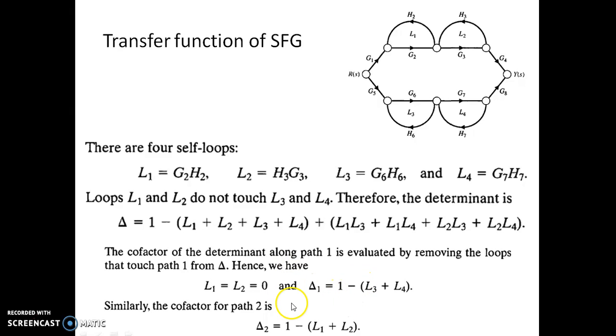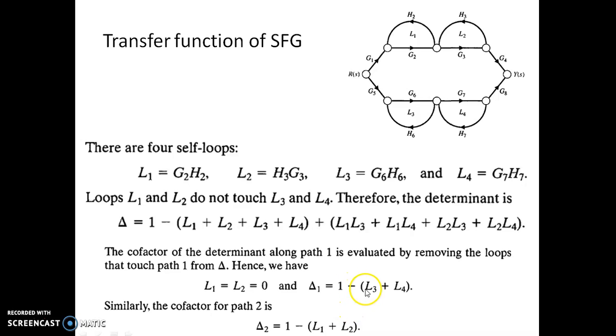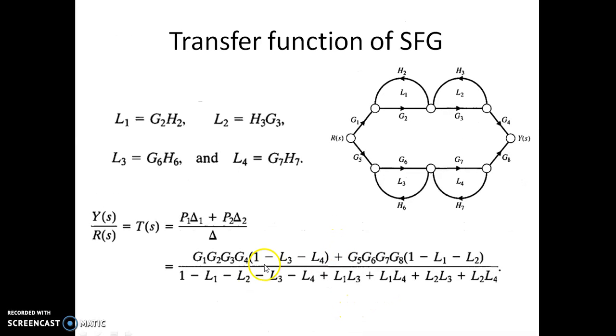After knowing delta 1 and delta 2, we can write P1, which we have considered as G1, G2, G3, G4, multiplied by delta 1. Delta 1 is 1 minus (L3 plus L4), so the minus sign is taken inside and it is 1 minus L3 minus L4.